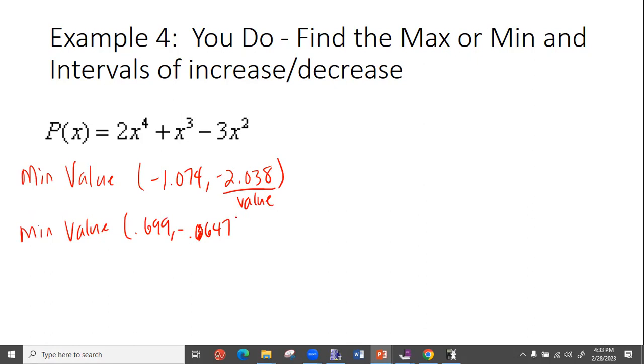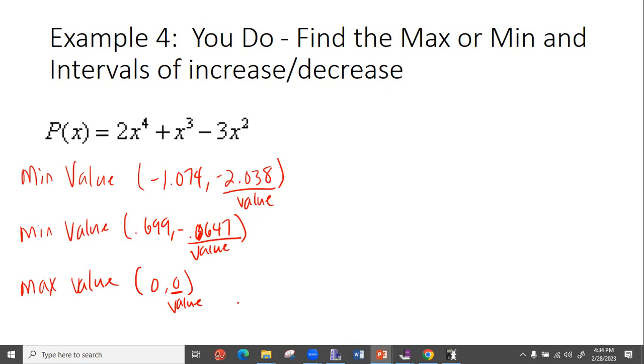Again, this is the point, but when it's asking for the value, all you're telling me is the y. Then our max value was located at the origin, 0, 0, and that puts the value here. Remember, these are all relative or local max and minimums, so they're not necessarily our absolute.